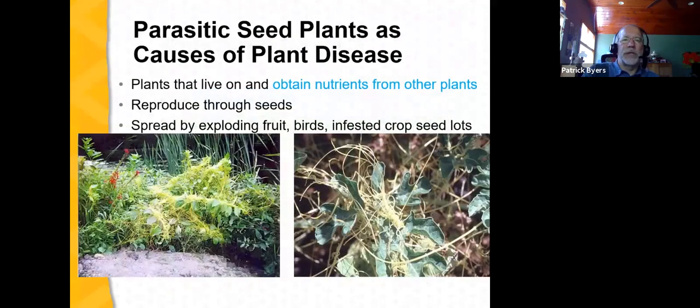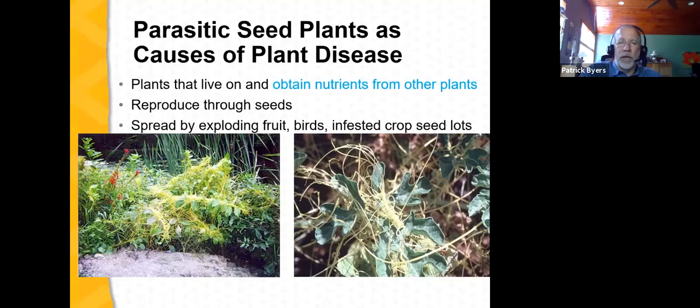I mentioned that parasitic seed plants can be a cause of plant disease. There's just a few that we're concerned with here in Missouri, but two of them are dodder and mistletoe. And these parasitic seed plants do not contain chlorophyll. They really can't generate their own food. They get their sustenance by parasitizing and feeding on other plants.